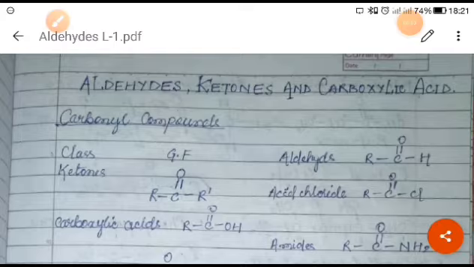As in the previous chapter, we learned about two classes of organic compounds, alcohols and ethers, with the functional group containing a carbon-oxygen single bond, right? Now there are other classes of organic compounds with a functional group containing a carbon-oxygen double bond.